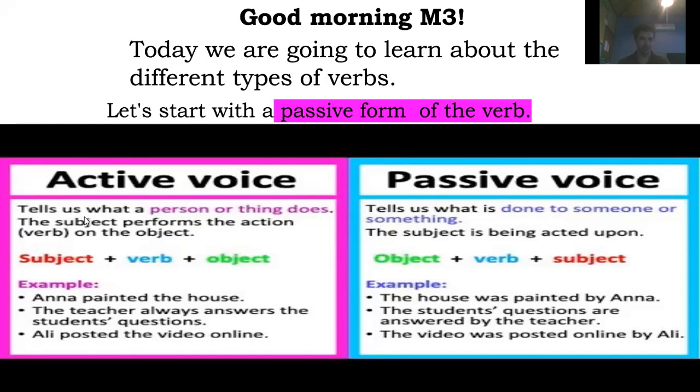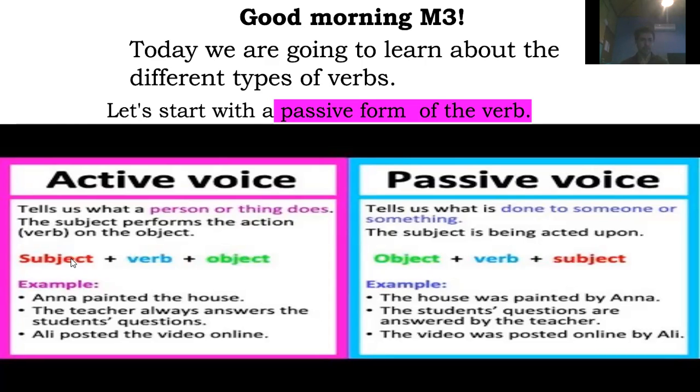The subject performs the action on the object. So now the object and the subject get swapped over. With the passive voice, we talk about object plus verb plus subject, and with the active voice, we talk about subject plus verb plus object. So the subject and the object have been swapped, as you can see.